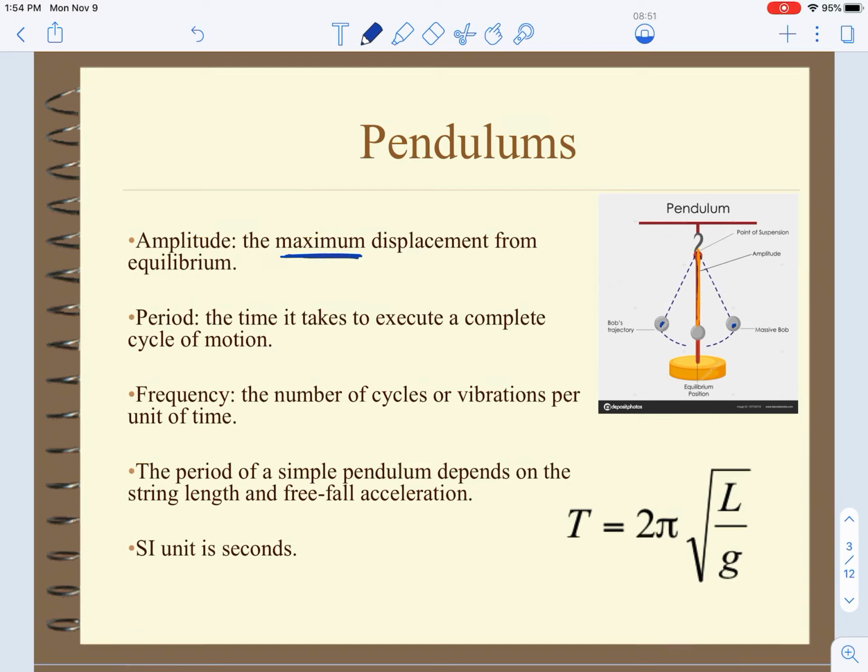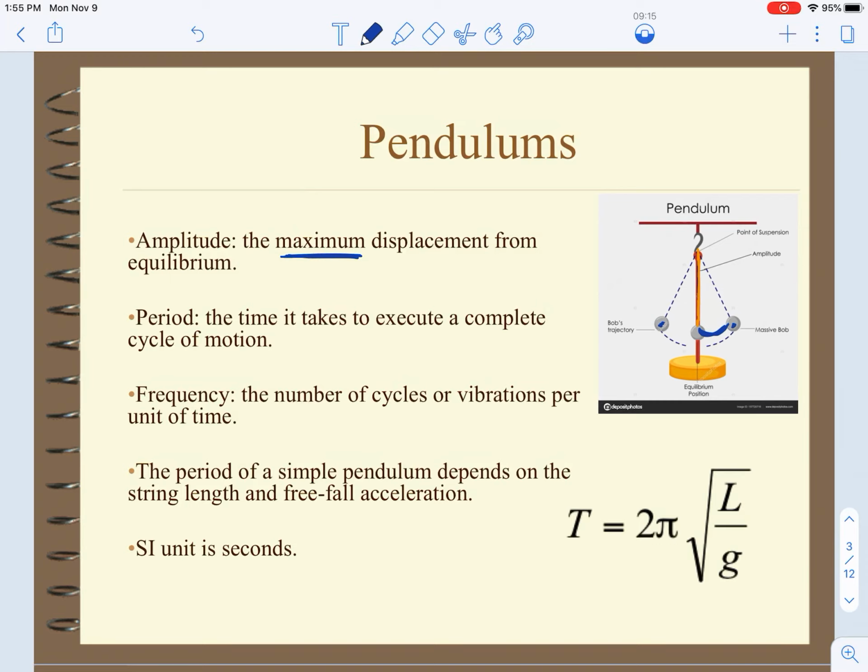Notice that it says it is the maximum displacement. So it would be the highest or farthest that we moved it from that equilibrium position. So either of these locations to the right or to the left would be appropriate for our amplitude. And once again, it is being measured from equilibrium. So this angle here was what we would measure, not all the way across.